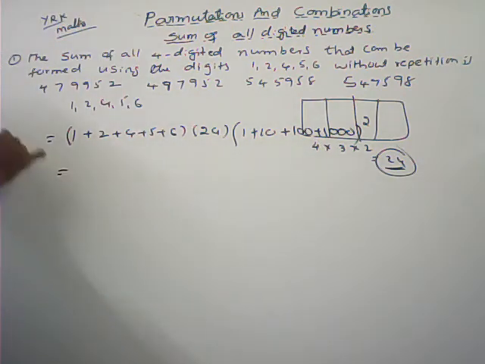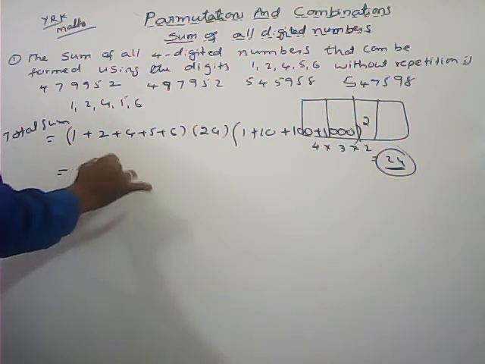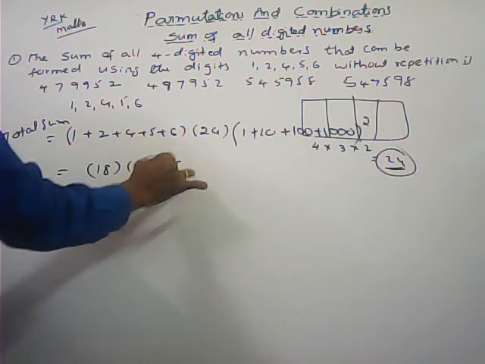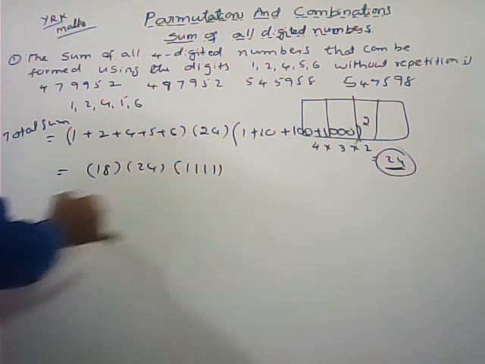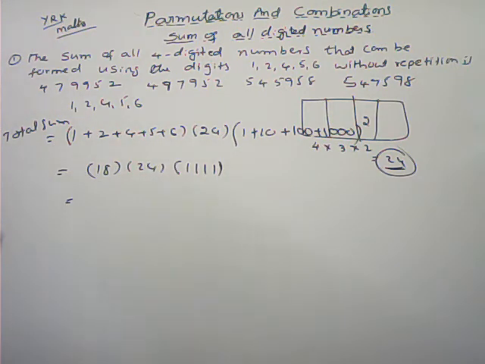The total sum of the 4-digit numbers is equal to 18 into 24 into 1111. By simplifying this, we can get the first option.